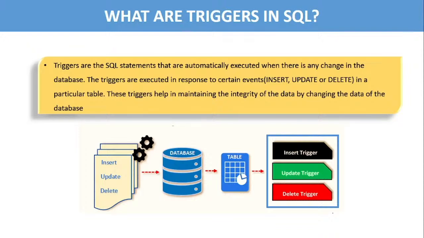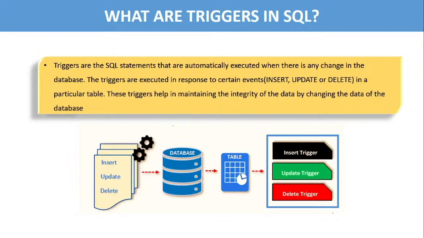Now, a trigger is always associated with a particular table, and if the table is deleted, all the associated triggers are also deleted automatically. Triggers are executed in response to certain events like insert, update, or delete on a particular table. A trigger is invoked either before or after the following DML events: through insert when a new row is inserted, through an update command when an existing row is updated, or through a delete command when a row is deleted.